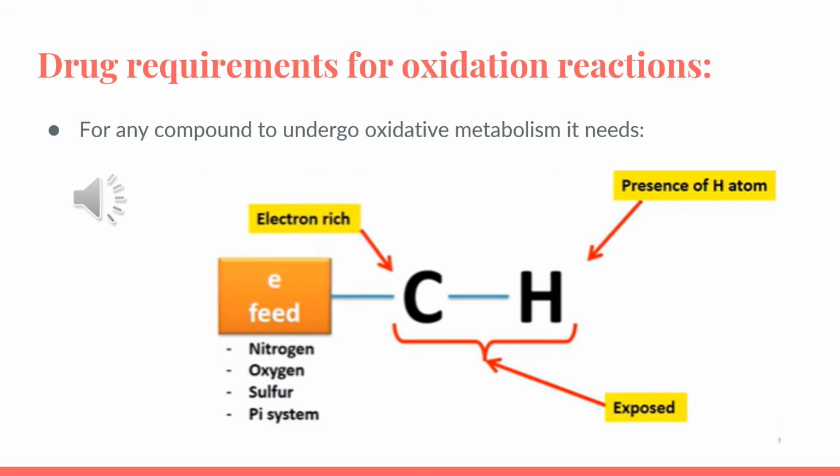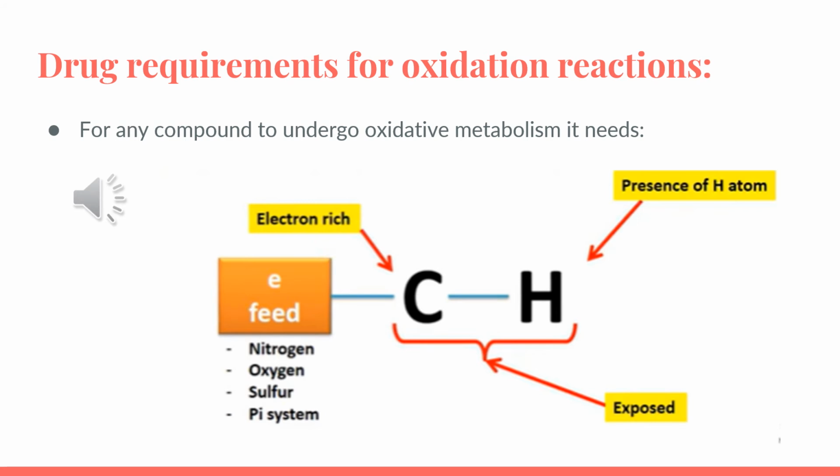As mentioned before, for any compound and drug to undergo a certain oxidative metabolism, it requires 3 major things, otherwise the oxidation reaction cannot occur. First of all, we need the presence of a hydrogen atom to be replaced by an OH.